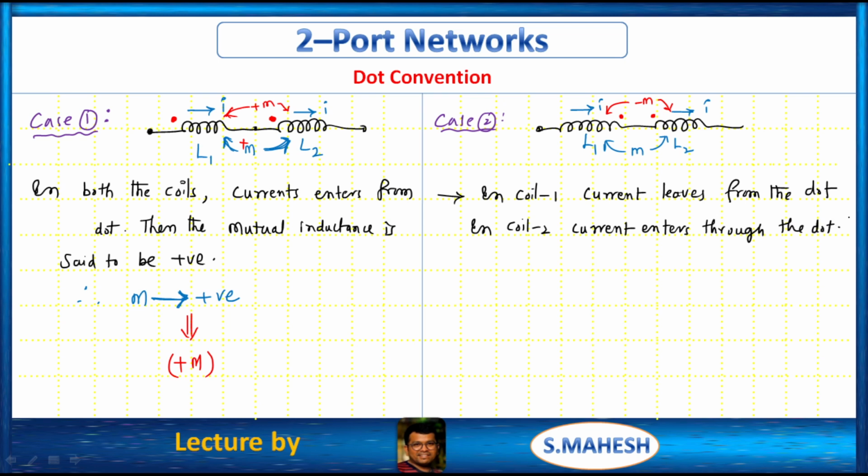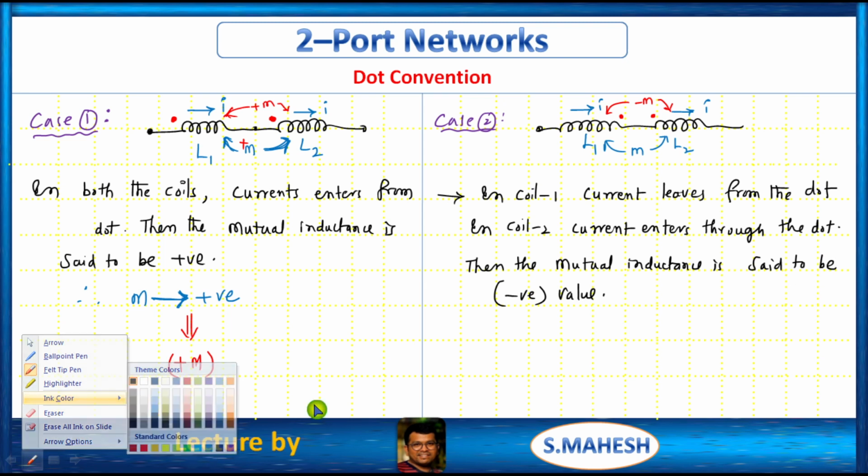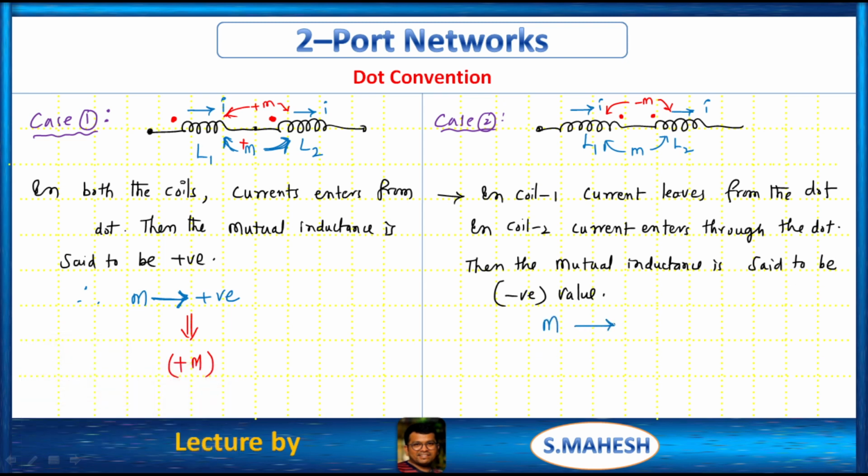Listen carefully. So obviously, the mutual inductance is said to be a negative value. Therefore M is negative, or we can say negative M. Like this we have to write.